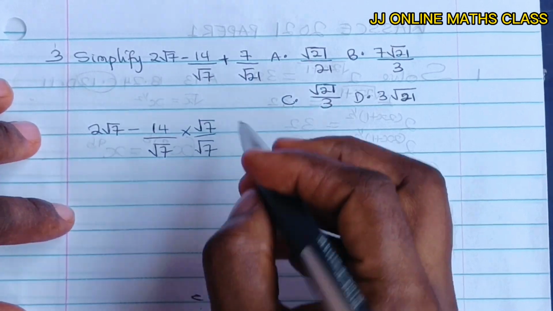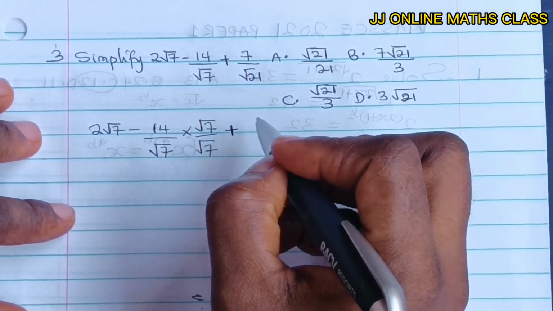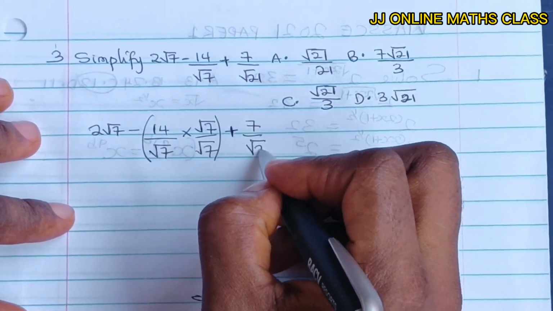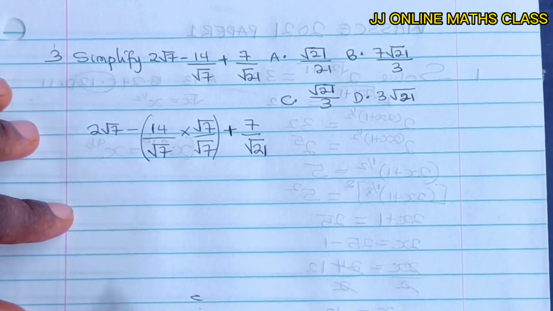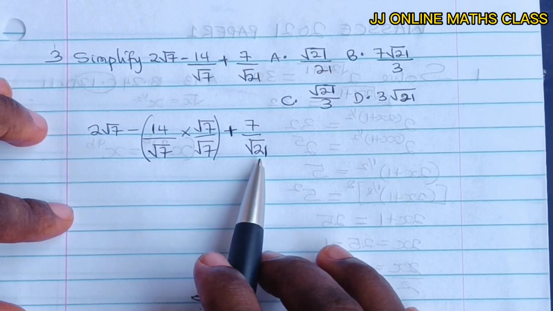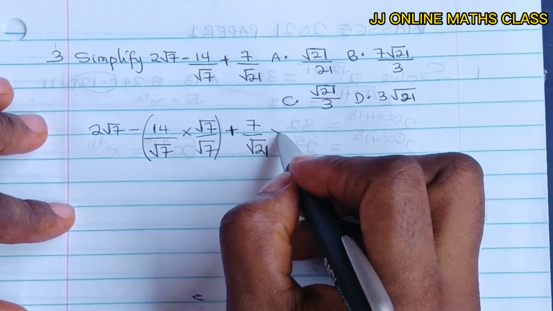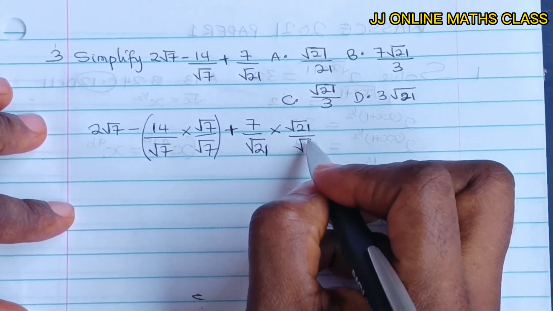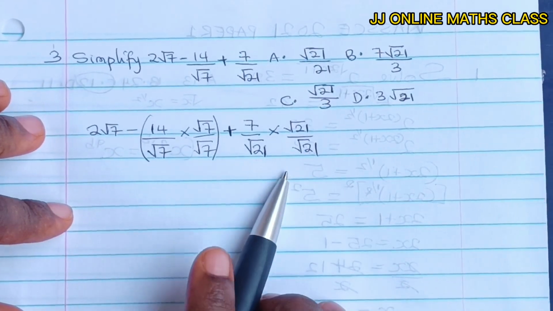All right, so this one is plus 7 over root 21. We are going to rationalize the denominator here again, since what we have as our denominator is a surd. So to rationalize it, we have to multiply the numerator and the denominator by the surd.